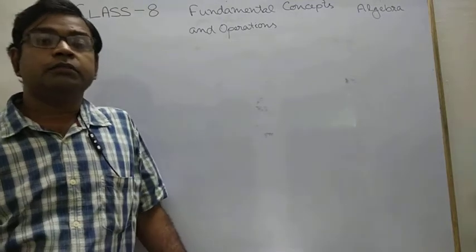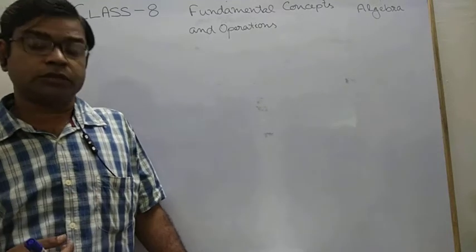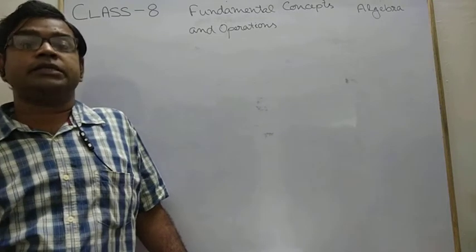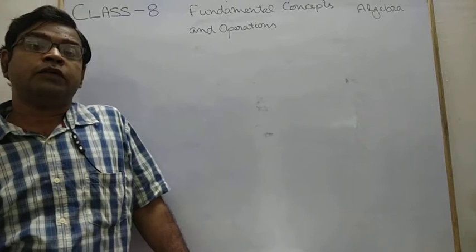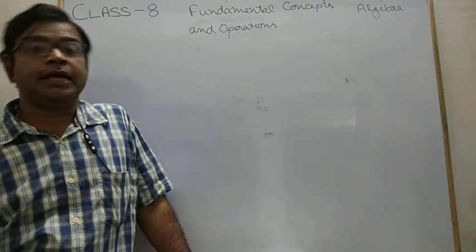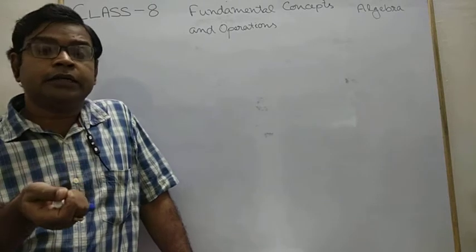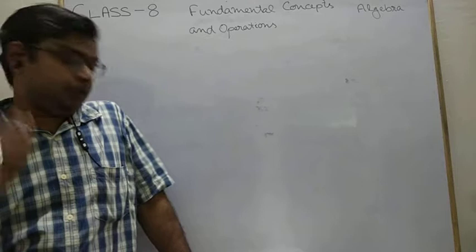A constant quantity means having a fixed value, like 5, 4; these are constant quantities. Variables x, y, a, b, c are variables because we don't know their values, but under the given criteria the value may vary. That's why they are known as variables.